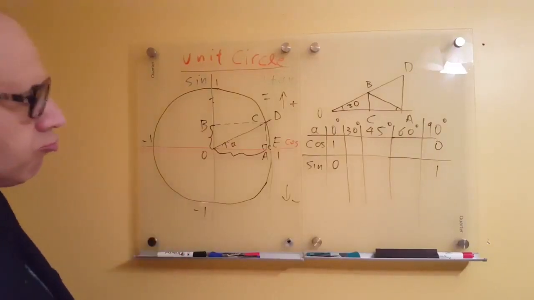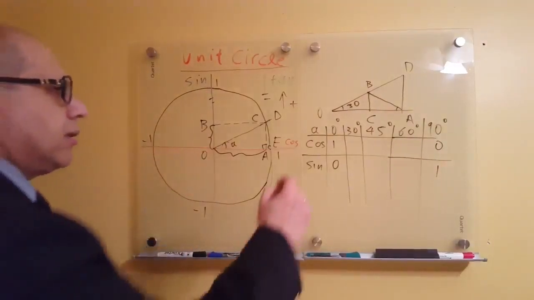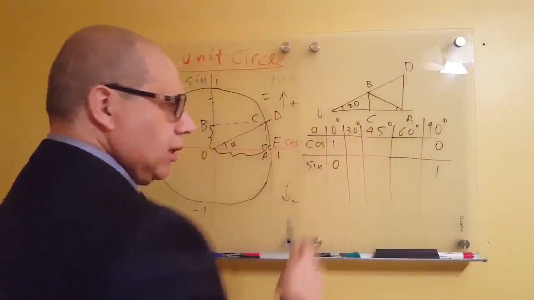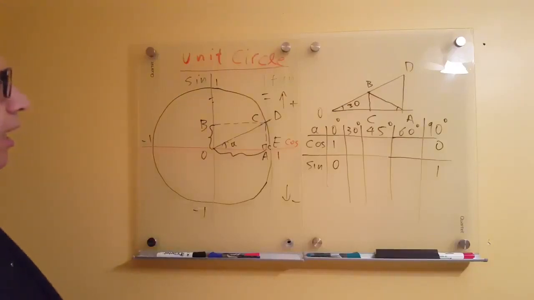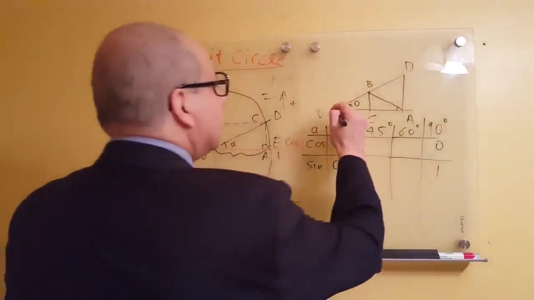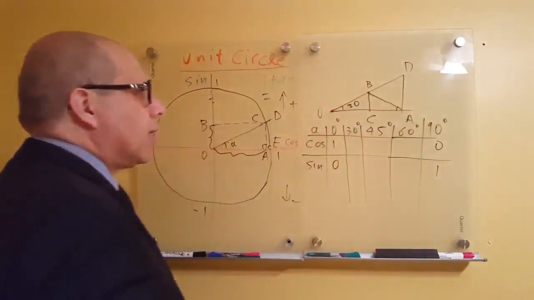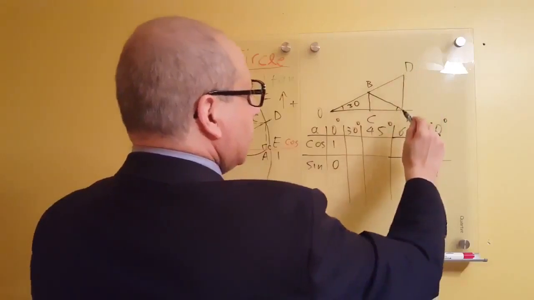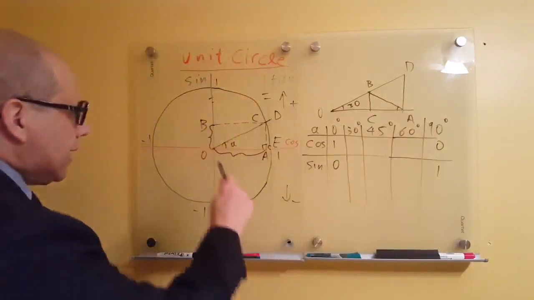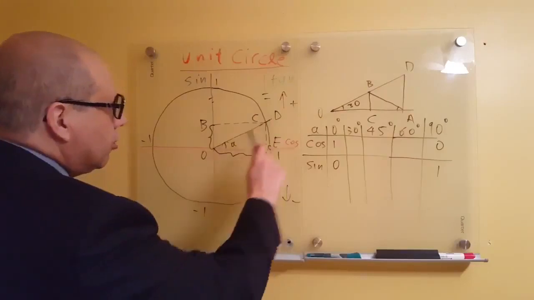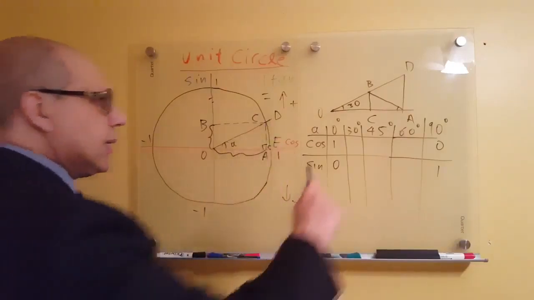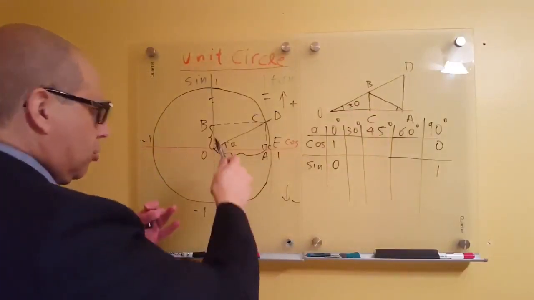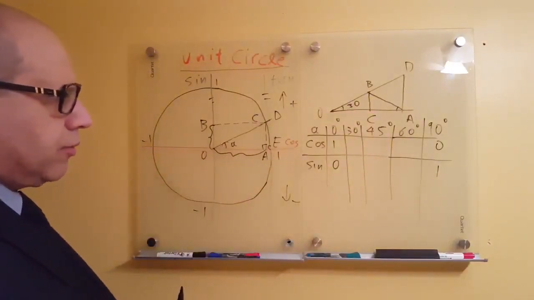And now, let's find the next angle, which is the 30-degree angle. As you see here, I have this triangle, ODA, and let's say that this angle here is 30 degrees, because I want to find the cosine and sine of 30 degrees.